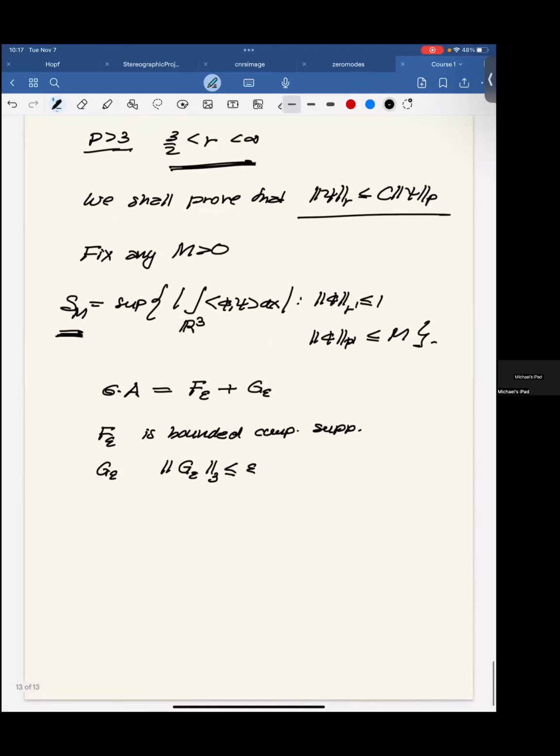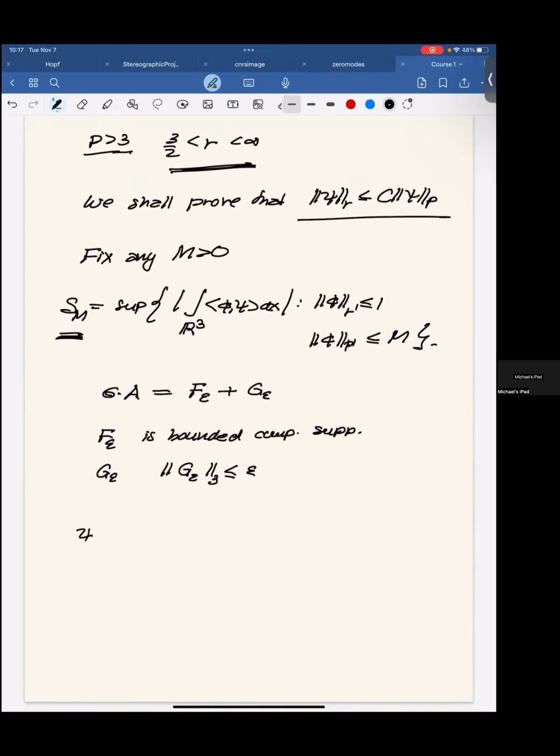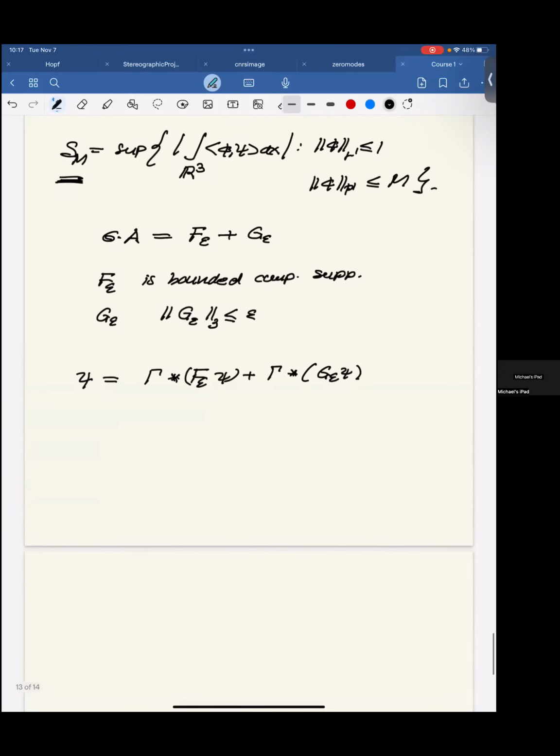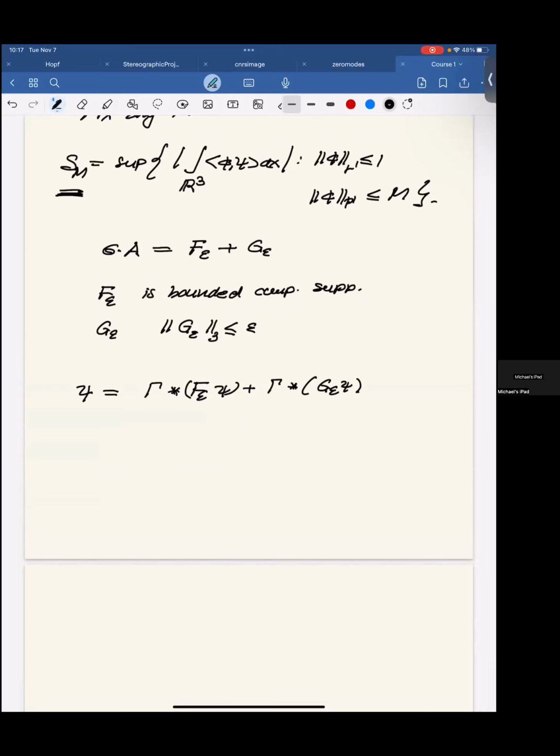Good. So then you can say, how does the psi look like? The psi is then given gamma F epsilon psi. All right. And what we do now is we pick any phi in LR prime intersect LP prime.